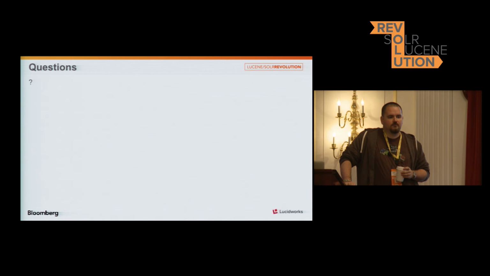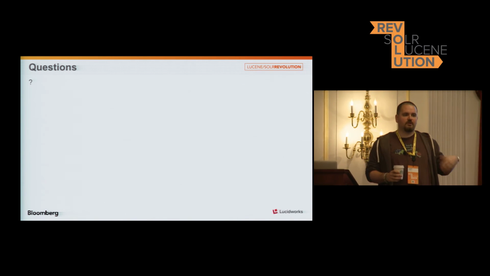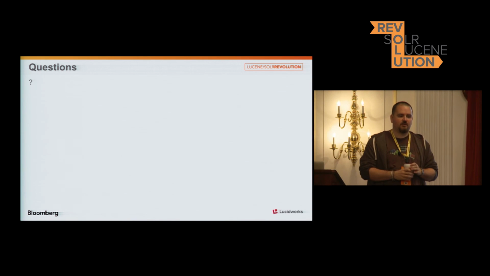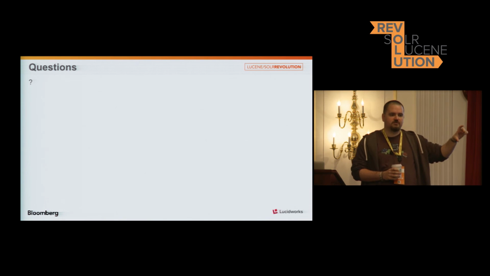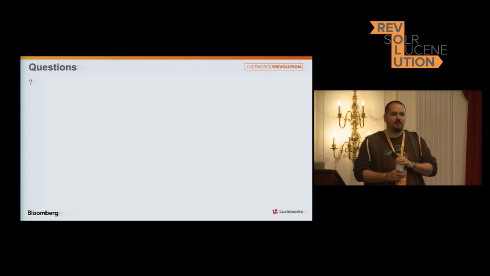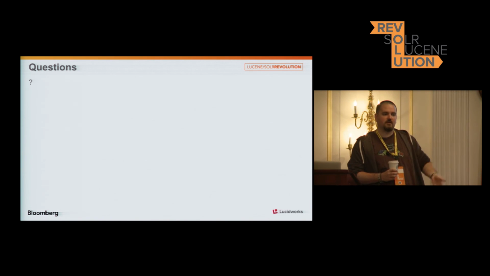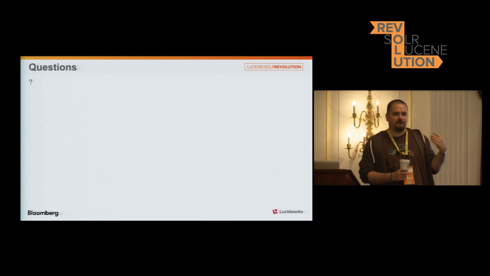What is the response to the user? So the question is about the security thing, what do we return to the user? In the application, they've got code that says if the user's permissions are this, filter out all of the data they're not allowed to see. We send the response from the search backend with all of the data, and then we trust the application to filter that all out before it gets to the user.